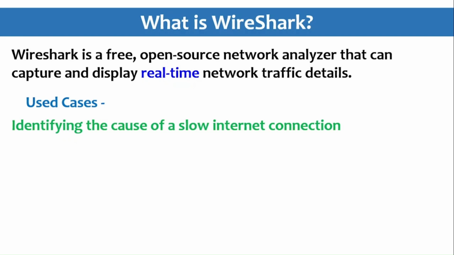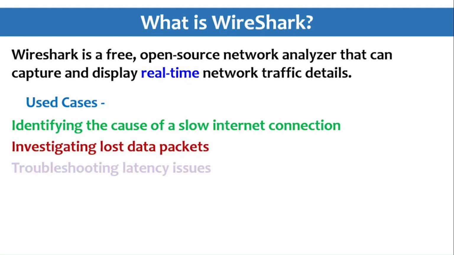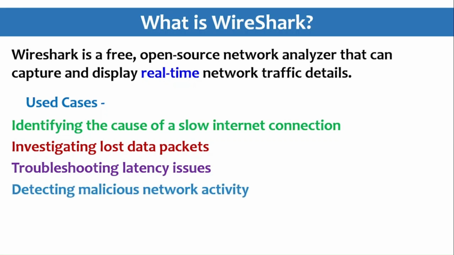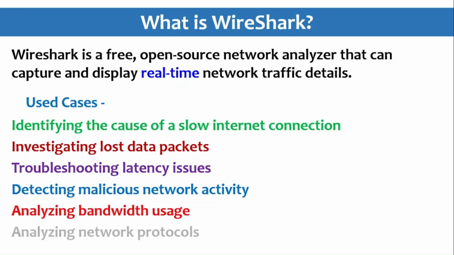We can identify the cause of slow internet connection. We can also investigate lost data packets, troubleshoot network latencies, and detect malicious network activity. We can analyze bandwidth usage, and we can also analyze network protocols using Wireshark. These are some of the use cases. There are tons of use cases for Wireshark.